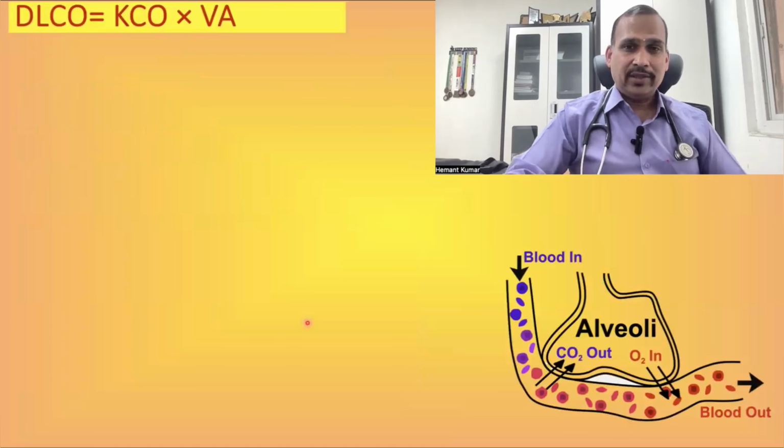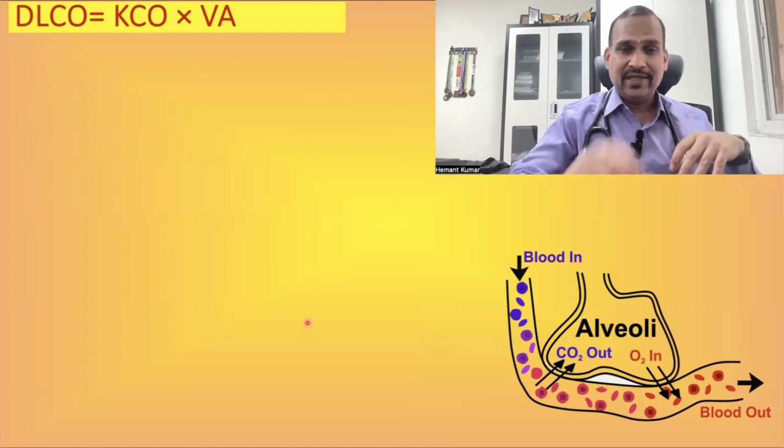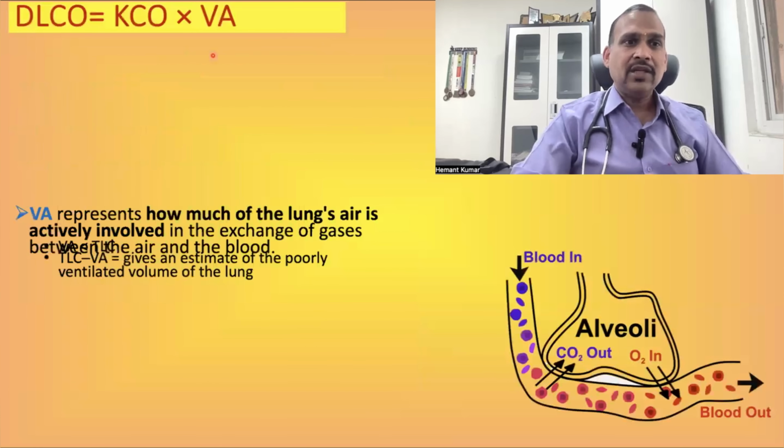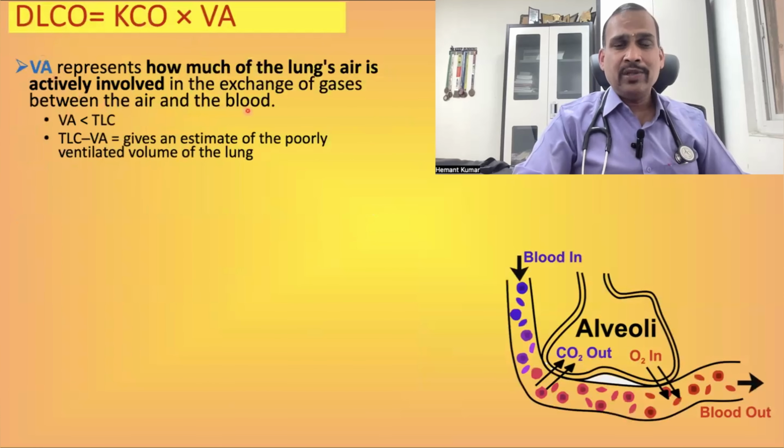Now coming to our parameters. What parameters are we measuring? So DLCO, I told you, is diffusion from alveoli to blood. It has two parts, KCO and VA. What are they? VA is how much of the lungs' air is actively involved in gas exchange between the air and blood.